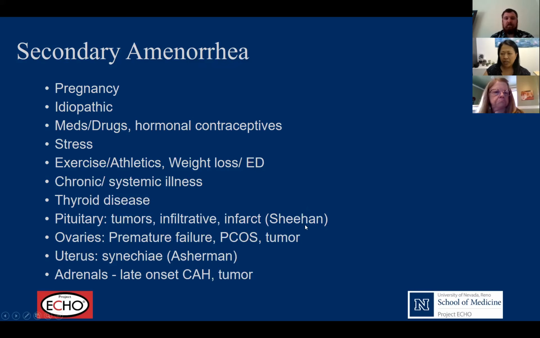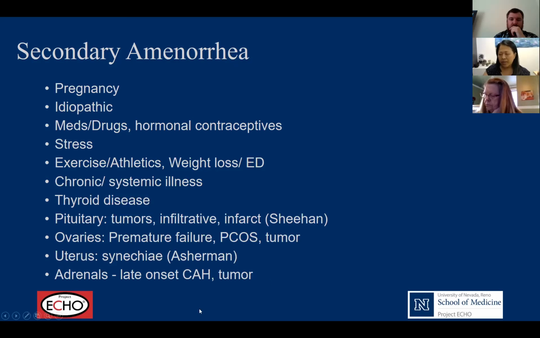That's called Sheehan syndrome. The other condition is, again, if they've been pregnant in the past and they've had an abortion or a D&C, you can actually get scarring on the internal walls of the uterus, and now the internal walls are stuck together, so there's no cavity for an endometrial lining to develop. That's called Asherman syndrome, okay?